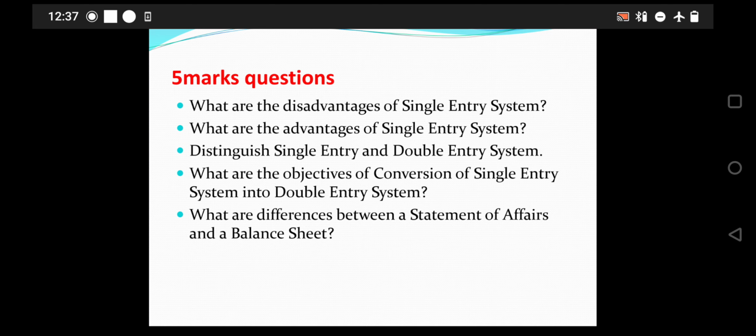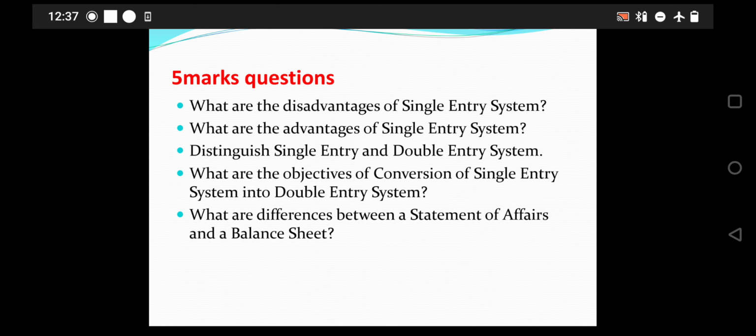And the difference between statement of affairs and balance sheet I already told you, again I will repeat. The statement of affairs is prepared on the basis of the single entry system, and the balance sheet is prepared on the double entry system of bookkeeping. The statement of affairs is prepared to know the capital, either opening capital or closing capital, but the balance sheet is prepared to know the financial position of a business for a particular period.